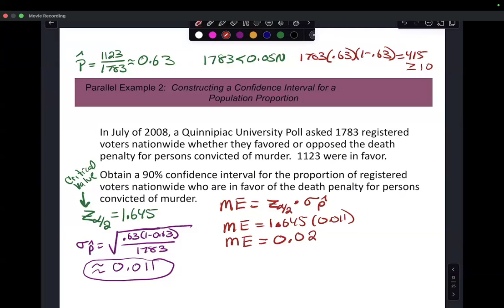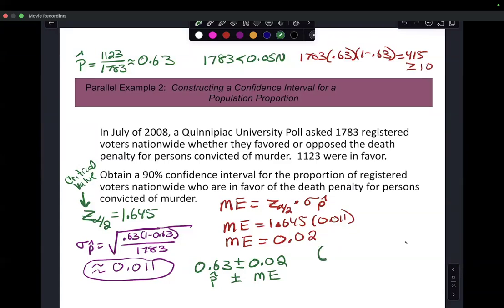So here's how I would write this. There's two different ways that you can write your answer. I could write my answer as my p hat, 0.63, plus or minus 0.02. This is one way to write it: the p hat plus or minus my margin of error. The other way to write it is like this.